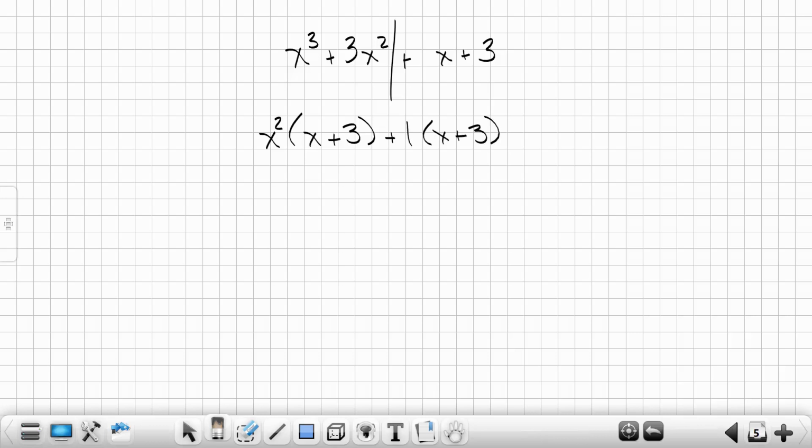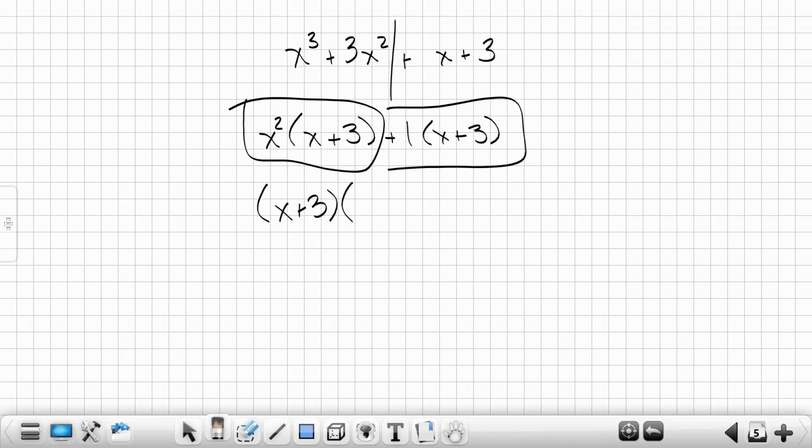Malika, I asked you to change it to that. So what can I factor out of both those? If I look at it as this is one thing and this is another, the x plus 3. What would be left in here if I take out the x plus 3?